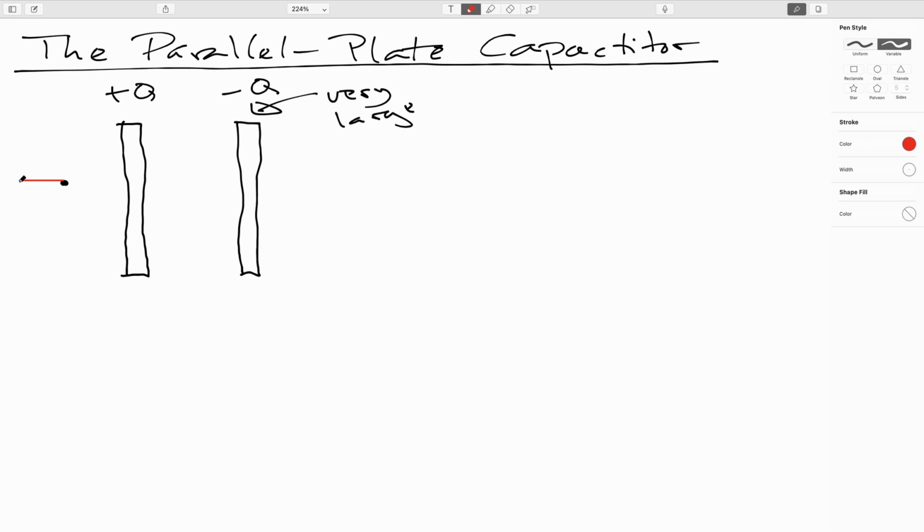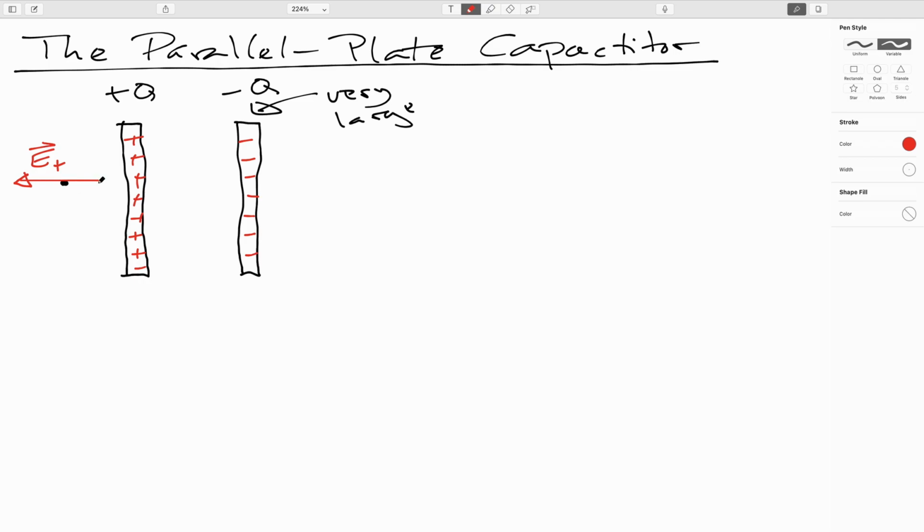So from the positive charge, the electric field at this location will be pointing to the left because it's pointing away from our positive source charges here. And from the negative charge, we know that electric fields will always point towards negative source charges.